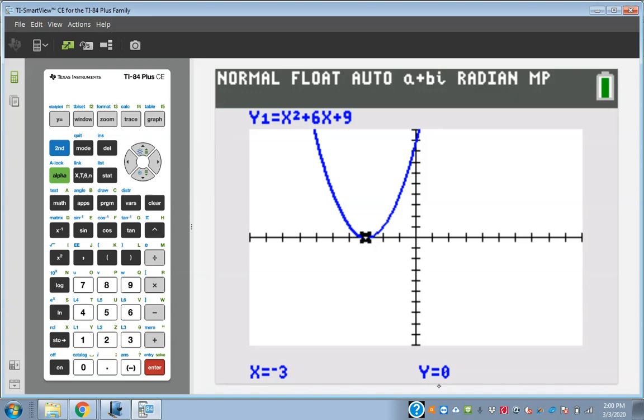Hit zoom 6 again. Hit trace. Press the up arrow.